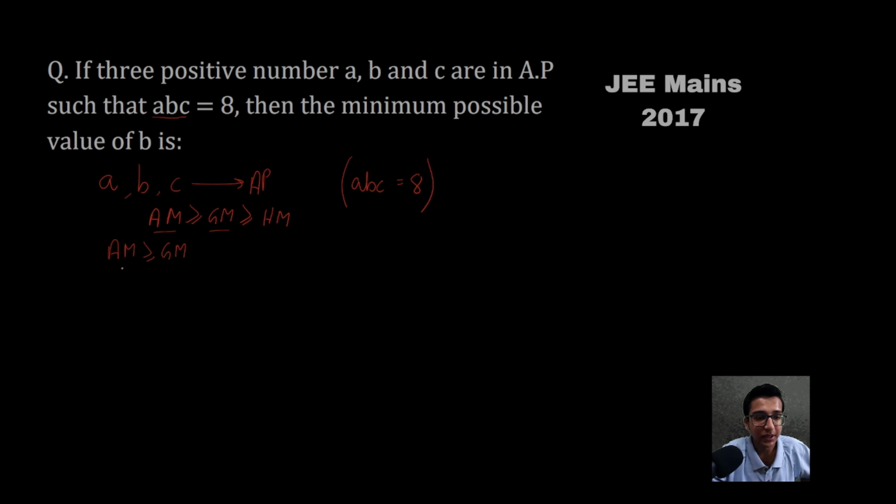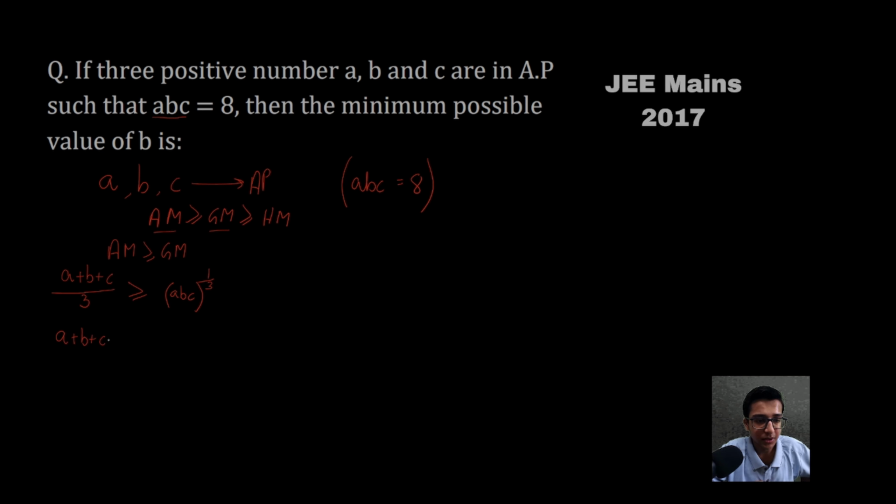So what would be the AM of these three numbers? For three numbers, the AM would be (A plus B plus C) by 3. And the geometric mean would be (A into B into C) to the power 1 by 3. Since there are three numbers, we make it to the power 1 by 3. So now let's solve this part.